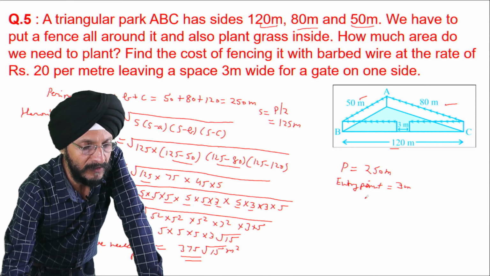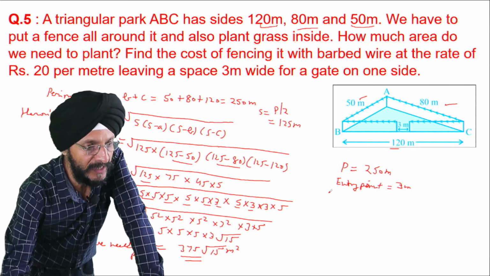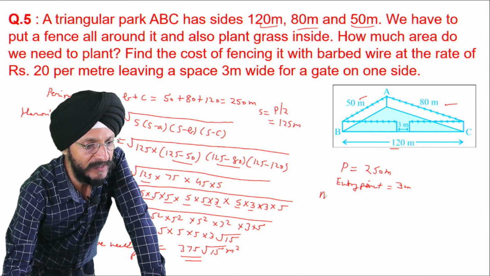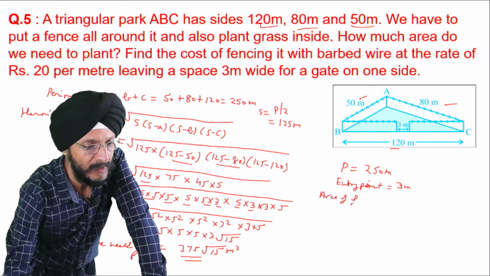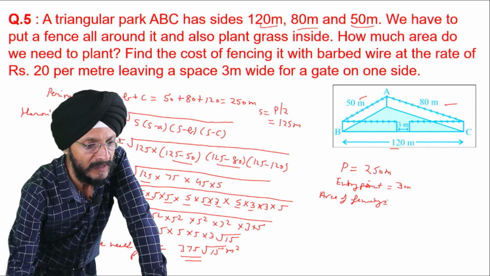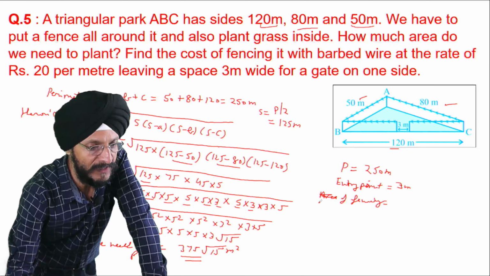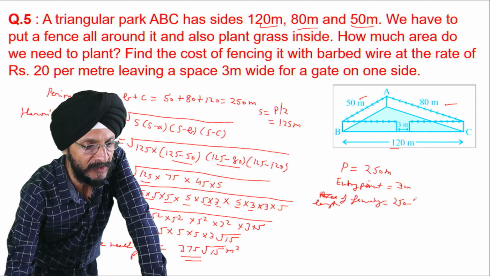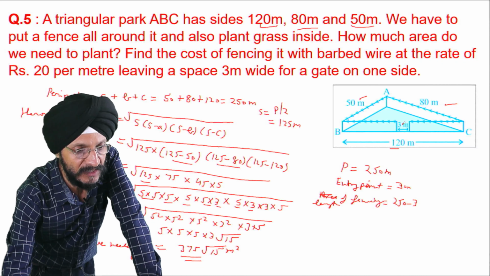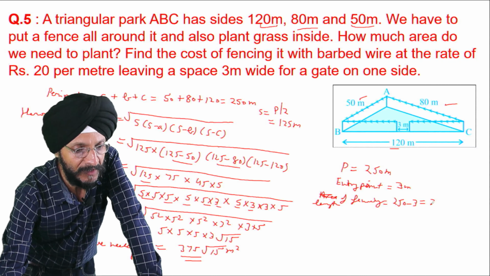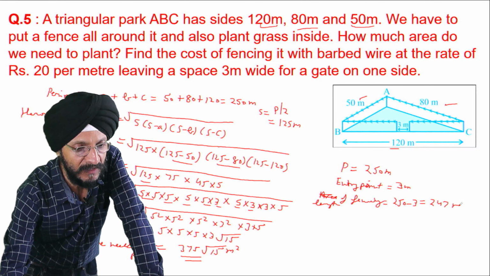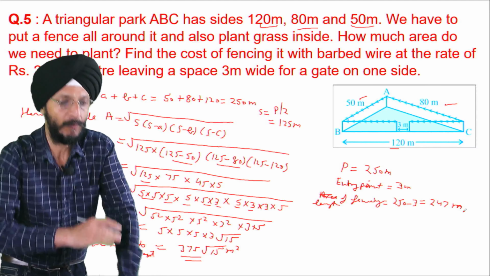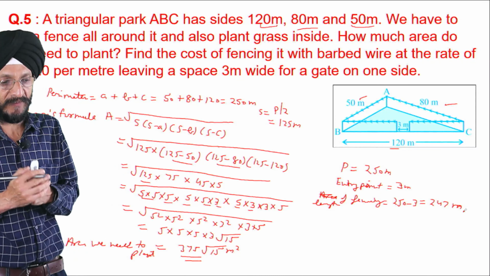So after reducing that, the length of fencing is 250 minus 3, because we will leave this 3 meter. It is 247. That is the length where we will have to put wires, only 247 meter.